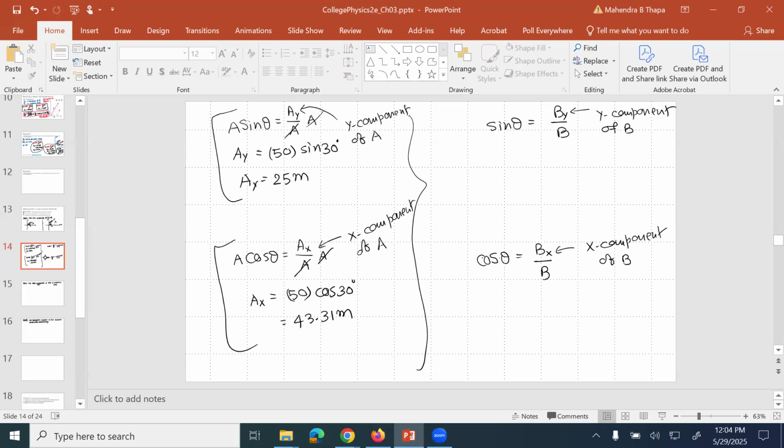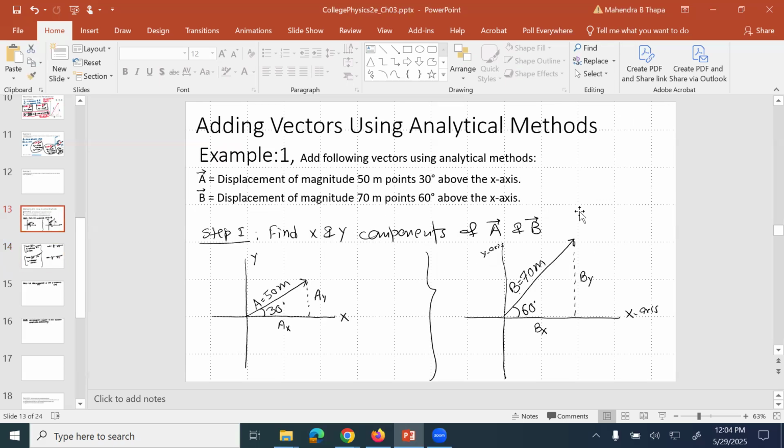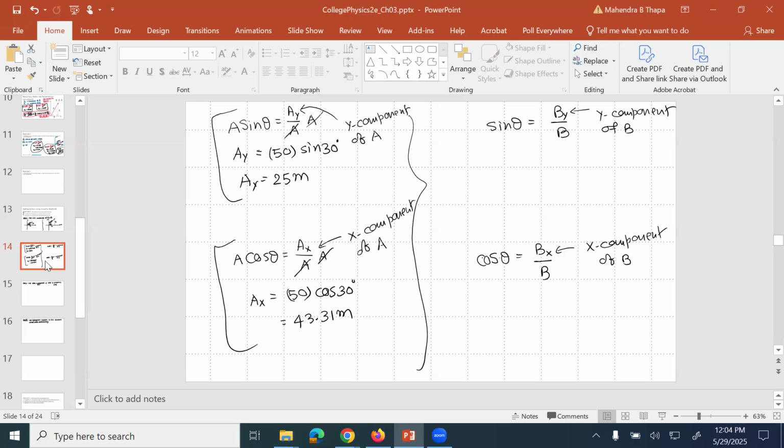I do the same steps for vector B. Vector B makes an angle of 60 degrees with the x-axis. So sine theta equals BY over B. Again, I multiply both sides by B, and the B cancels out.